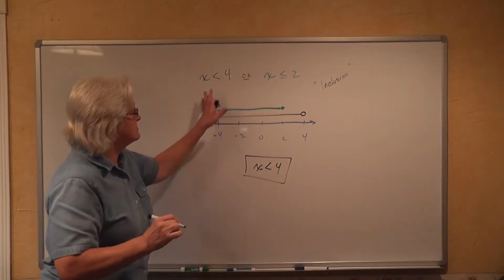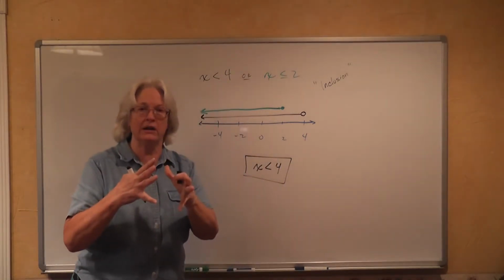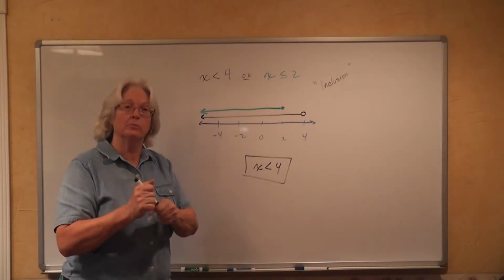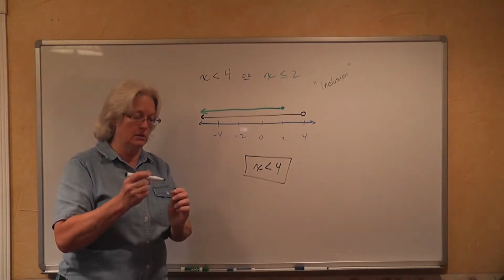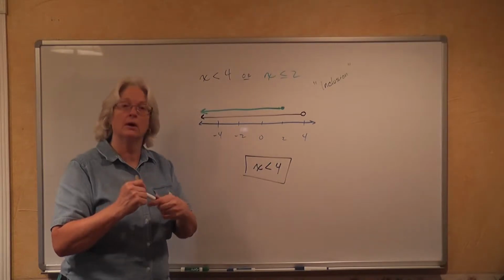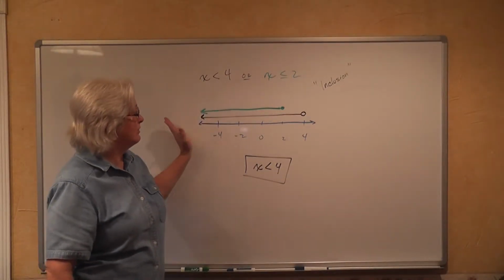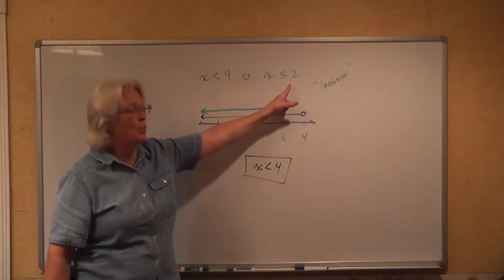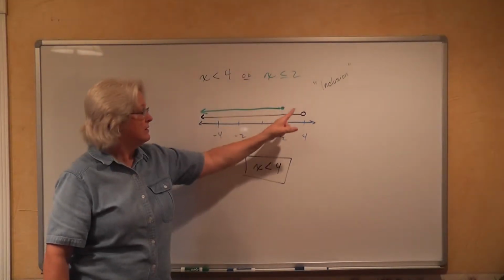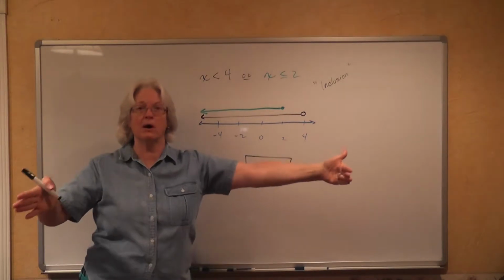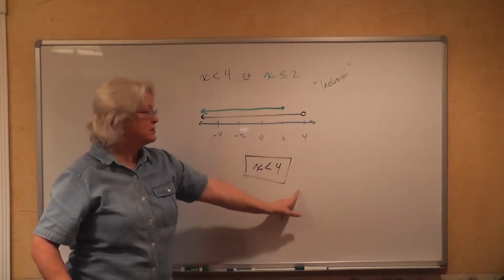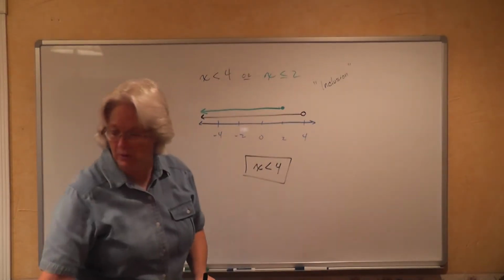You say, yeah, but that's exactly what it says there. You didn't combine anything together. That's true, because the only requirement is that at least one of these conditions be met. Or you have the biggest possible graph that you have. So we have x less than 4.